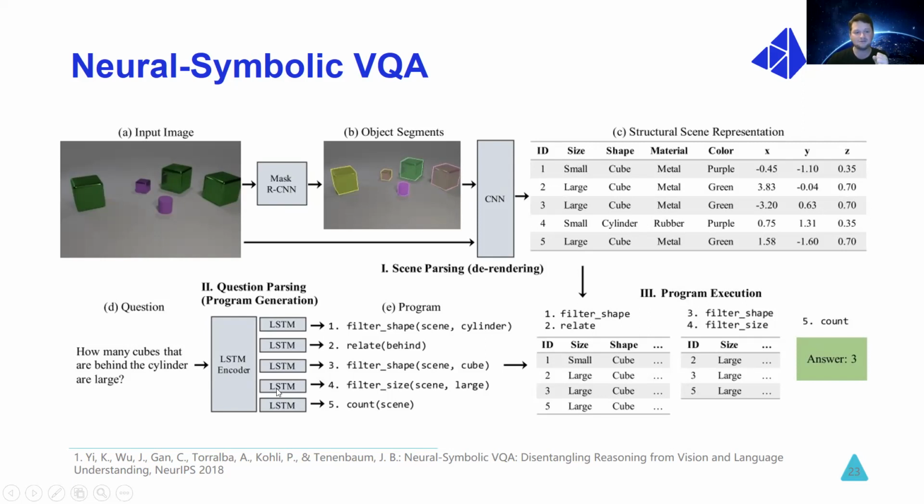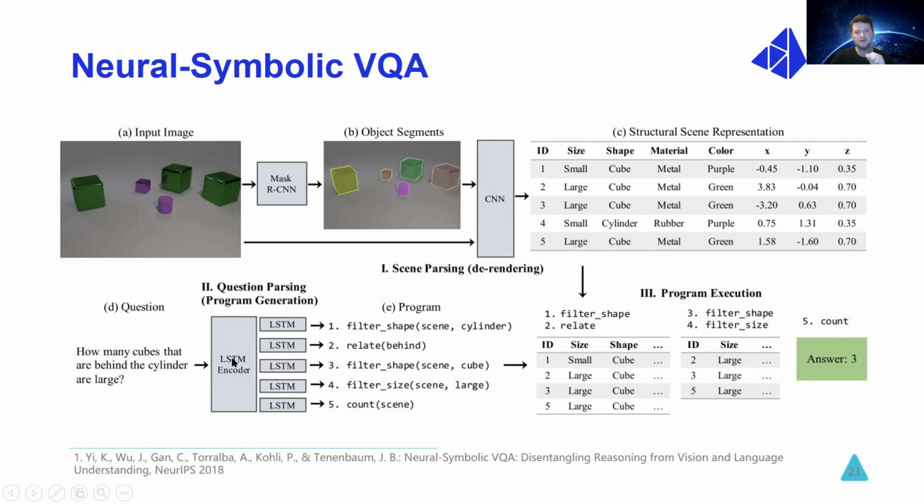And also they used an LSTM encoder to represent the question as a program that could be applied to this table. And actually, each line in this program is like a filtering function. As you work with pandas and data frames, you can work with this representation of the scene and this program, and they get the answer at the end.